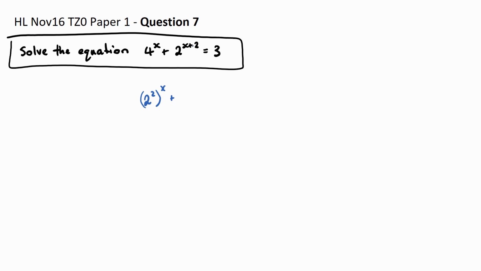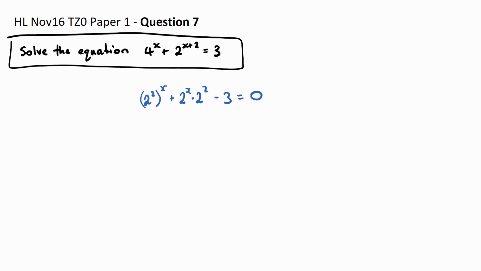Plus, now if I have powers that have been added, I know that I can break that up into 2 to the x times 2 to the 2, because I could bring this together if I wanted to as 2 to the x plus 2. And then minus 3 equals 0.